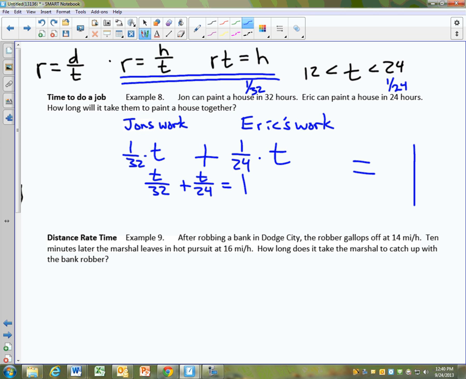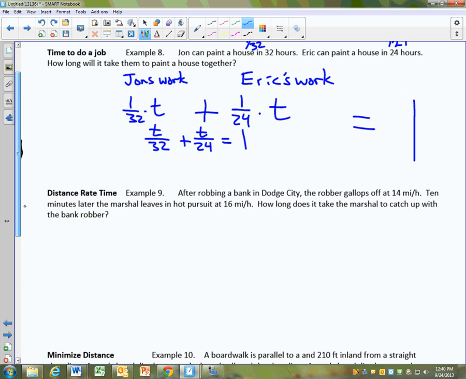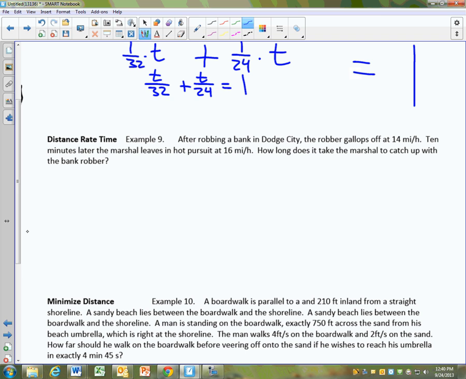So T over 32 plus T over 24 equals 1. If I want to solve that, what do I have to find? Common denominators. 32 and 24 both multiply to 96. So I'm going to multiply top and bottom by 3, and top and bottom here by 4.